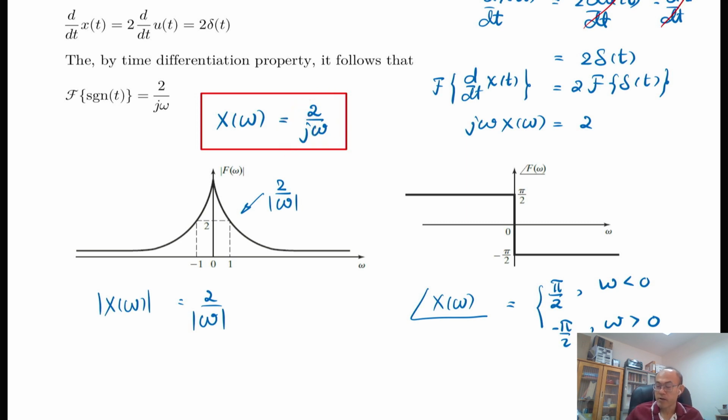So if omega is positive, it's equal to 2 over j, and the phase would be minus pi over 2. But if omega is negative, it would be minus 1 over j, and so we bring j up to the top, we're going to get j. And the phase would be pi over 2 when omega is negative. Sorry.